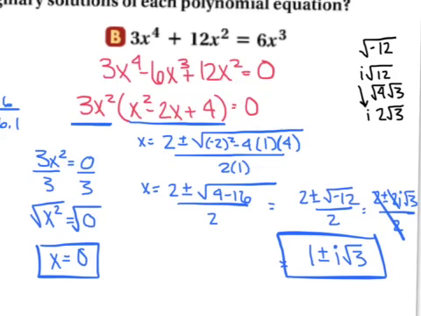Now I have a little bit of a problem with this. We have 1, 2, 3 answers. But this came from a quartic polynomial. Shouldn't I have 4 answers?